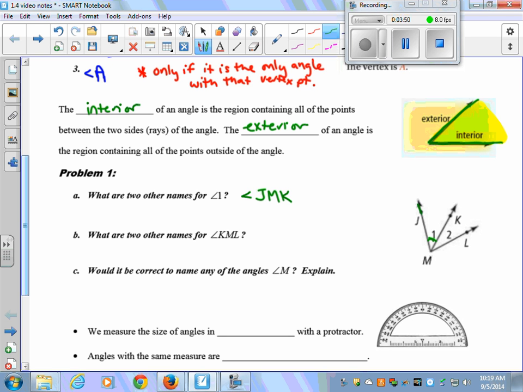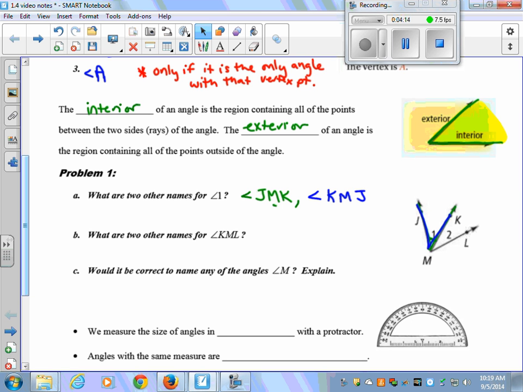Start at J, go to M, end at K. So M is the vertex. That will be our middle letter. You guys think of another way to name this. And you should have come up with angle KMJ. We could go the other way. K to M to J. Same angle.